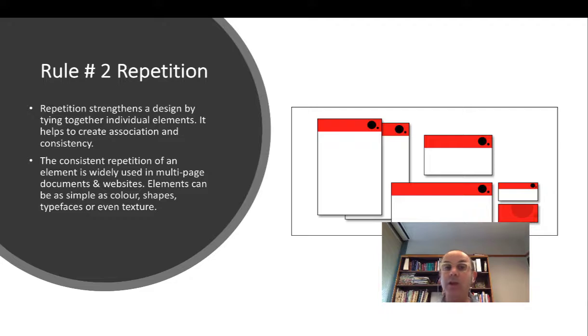Rule number 2 is repetition. Repetition in design talks about strengthening the design by taking individual elements and making them more concise.